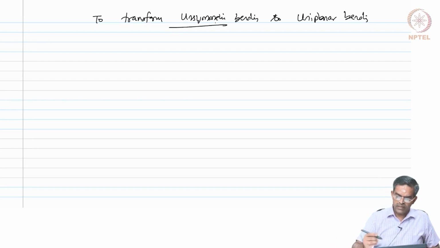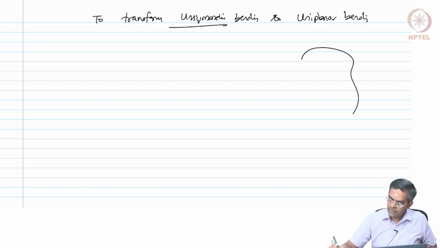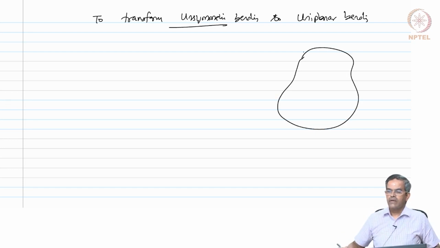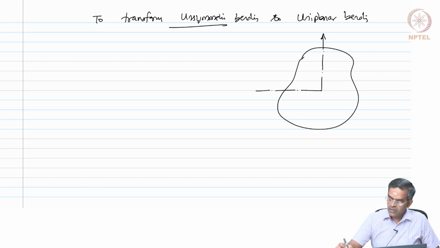Okay, let us take a cross section. Let us mark these two axes as z and y. Okay, x is normal to the screen.